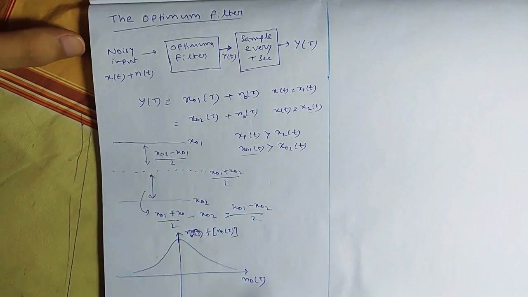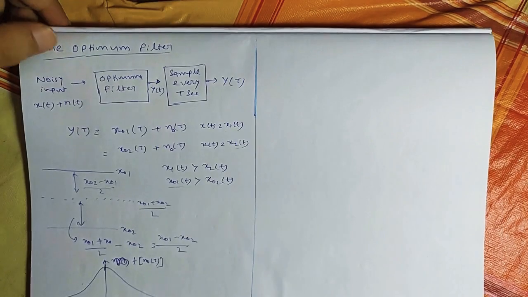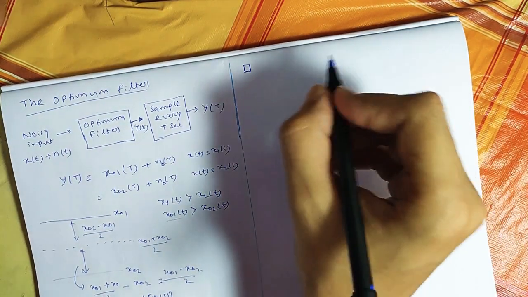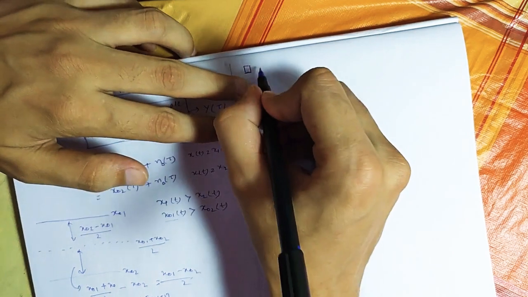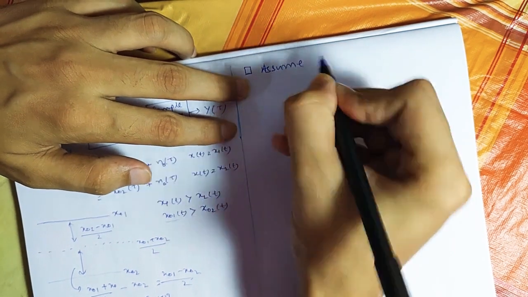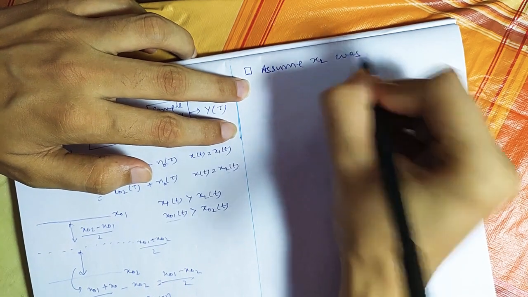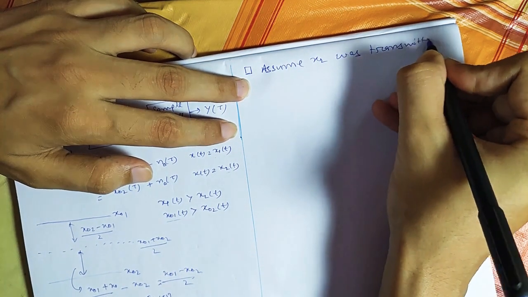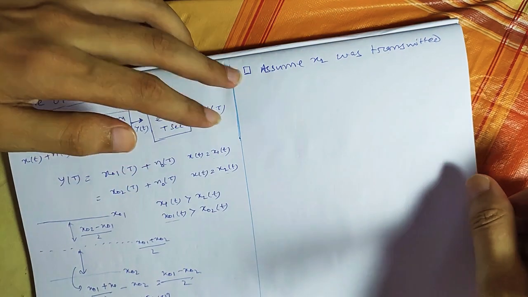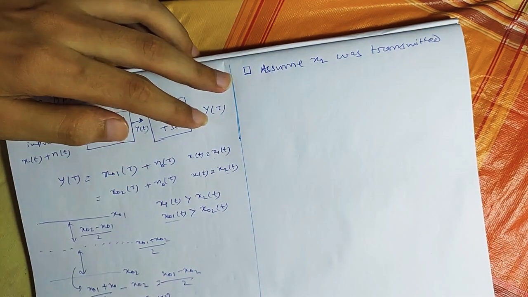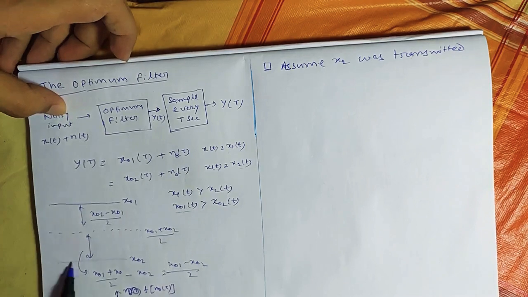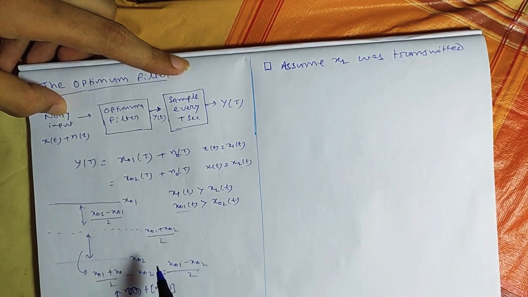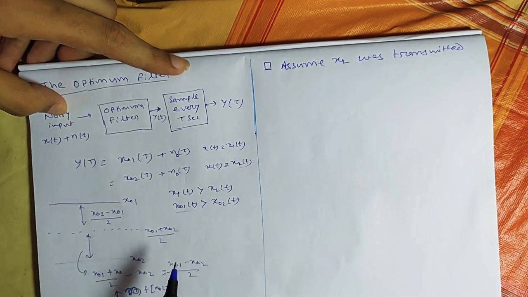So we know the two parts. Now consider case 1. Assume x2 was transmitted.